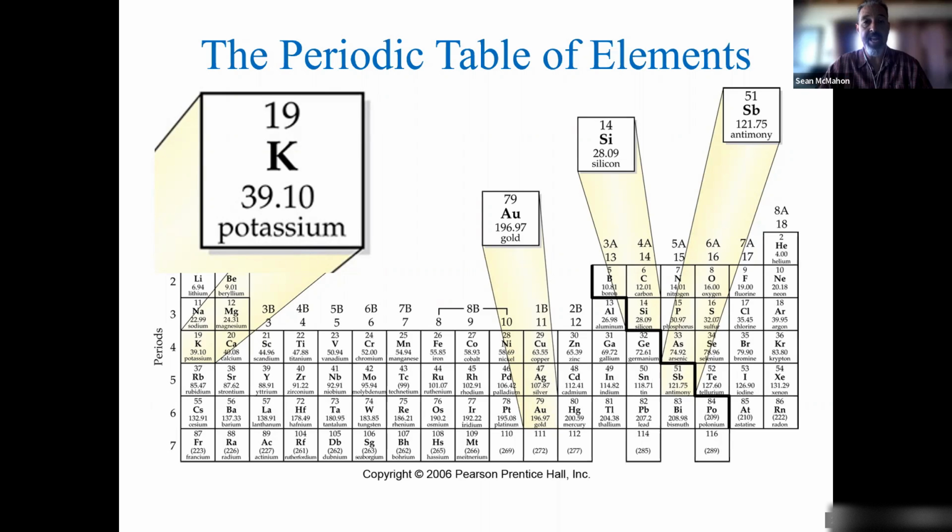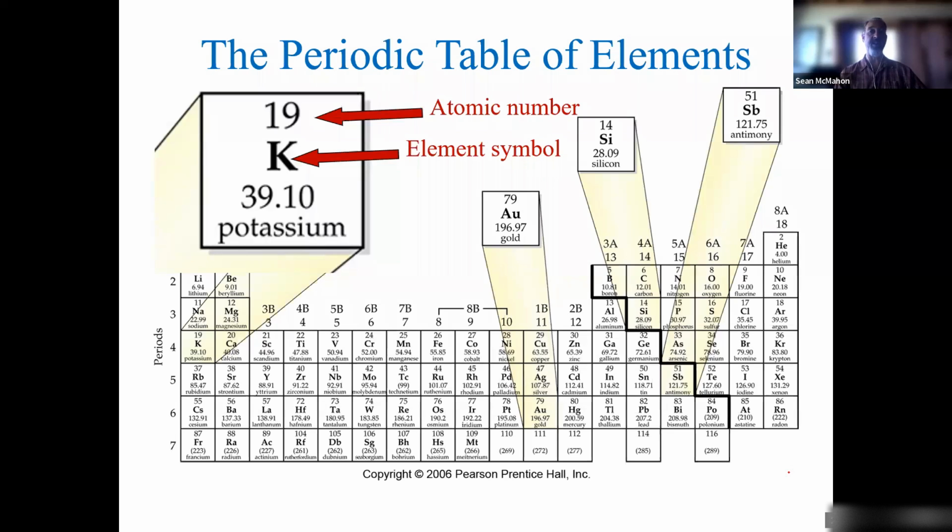In the last two lectures, we were really focusing on the subatomic particles, the protons as far as their atomic mass unit, neutrons have an atomic mass unit of 1 as well, how we were able to identify an element based on its elemental symbol, also using the atomic number to find it on the periodic table, the atomic number being the number of protons, and then using the average atomic mass.